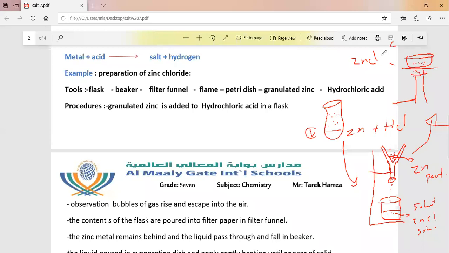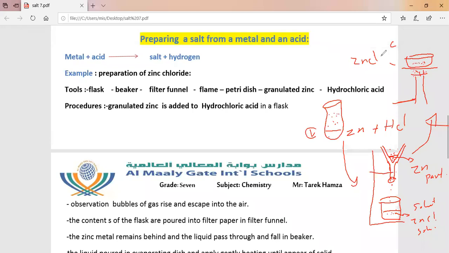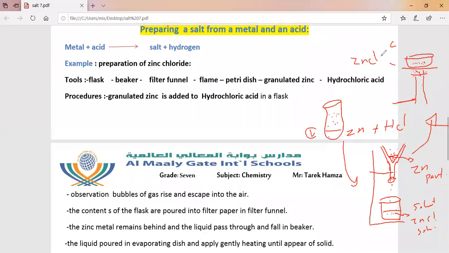Put the evaporating dish above the flame. We wait until all the solution evaporates. There is a solid particle left in the dish. This solid particle is the zinc chloride. Understand now? Okay, thank you.